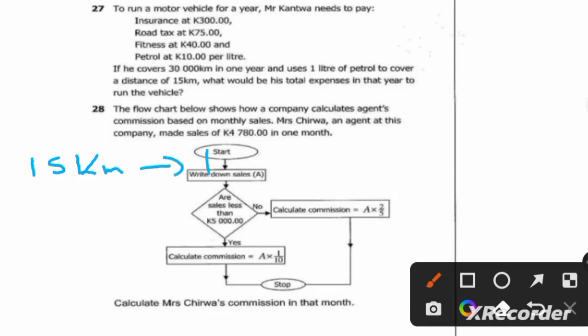Now what about 30,000 kilometers? Let us do a cross multiplication.